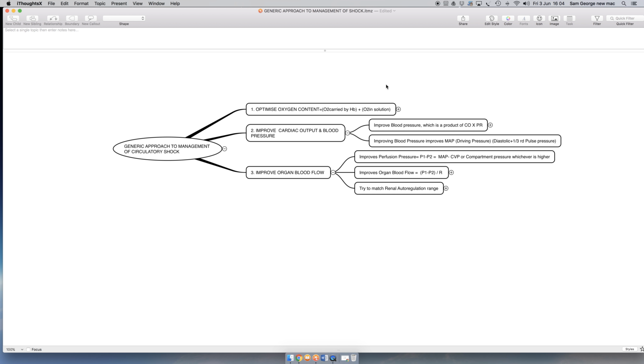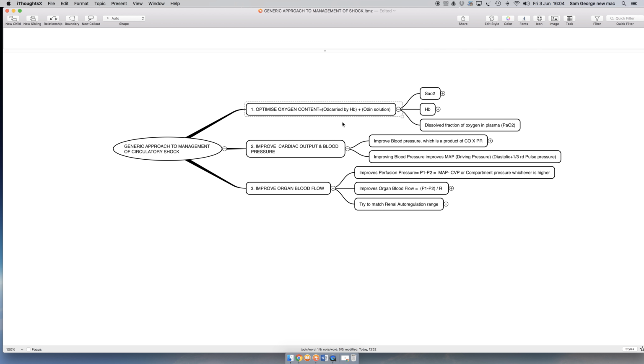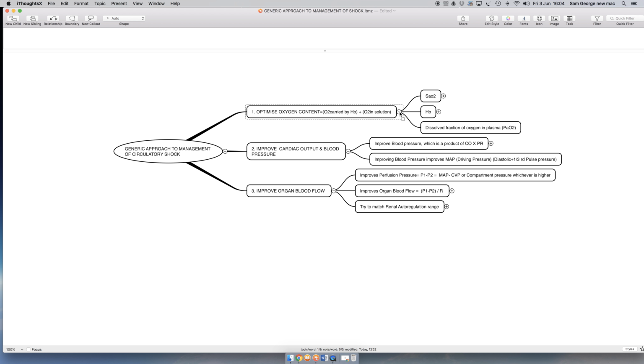A quick look at that will often tell me, is there a problem with the oxygen content? The dissolved oxygen in solution mentioned here is a very small fraction, so in practical terms I'll not hang on to that. But that's the dissolved fraction of oxygen in plasma, indicated by the dotted line.